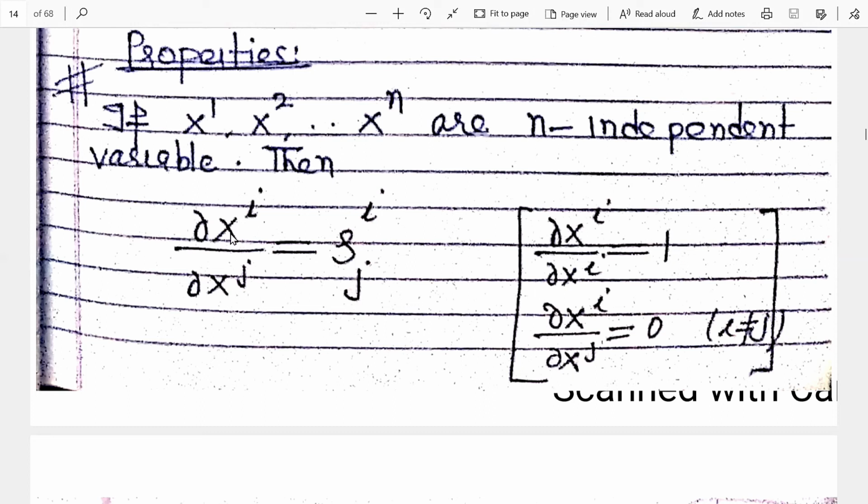If we differentiate x^i with respect to x^j, this is independent of x^j because it is an independent variable, so its derivative is 0. So when i and j are equal, its derivative is 1. When not equal, its value is 0. So remember this result: curly x^i by curly x^j is the Kronecker delta ij.